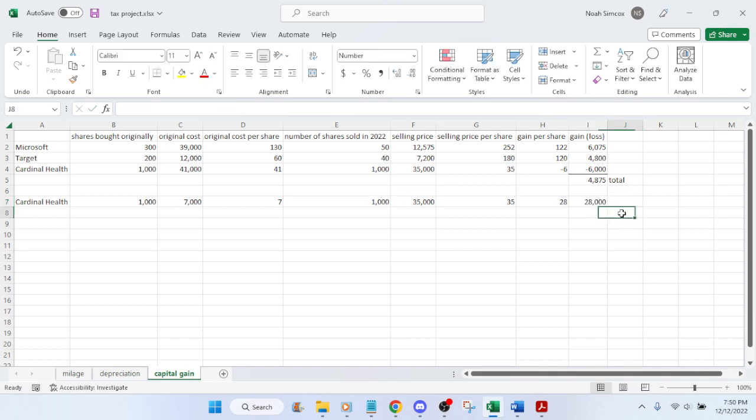So equals this plus this plus this. Now we have a total gain of this, and then carryover is, they said 15,000, right? So now we have a negative 15,000.